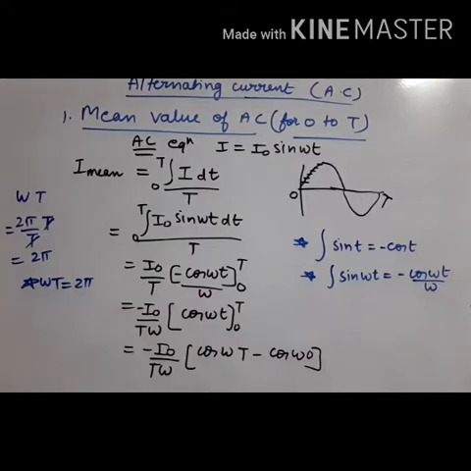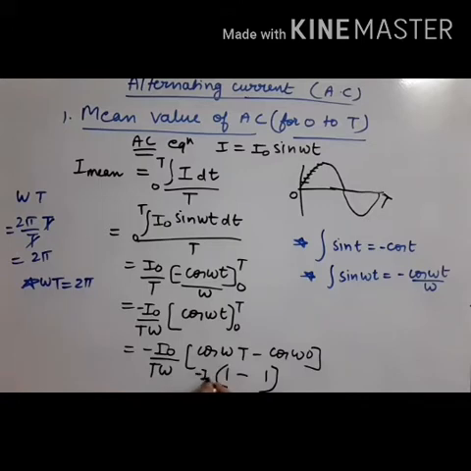Now let us solve this case further. As I have told you, omega t means 2 pi, so cos 2 pi. Cos 2 pi is 1. And here this is cos 0, since omega into 0 is also 0. Cos 0 is also 1.